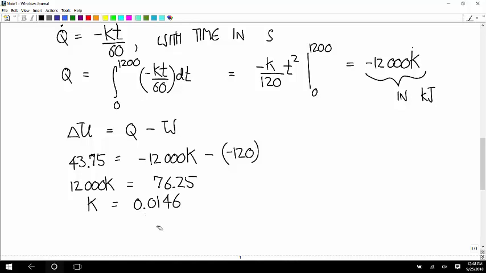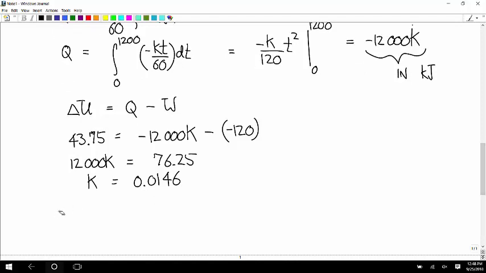So K is 0.0146. And now for part B, we want to calculate. So what do you get? 0.00635. Okay, thanks. Okay, so now plug that back in for, well, we already know what the work is.